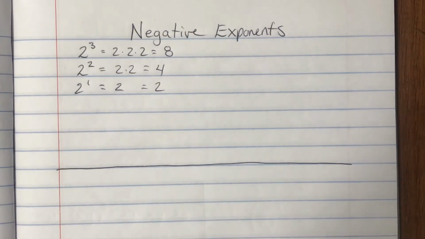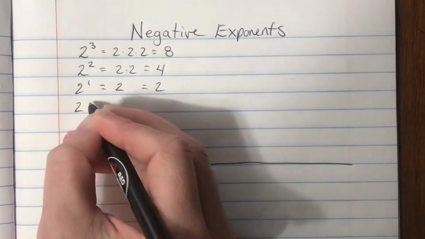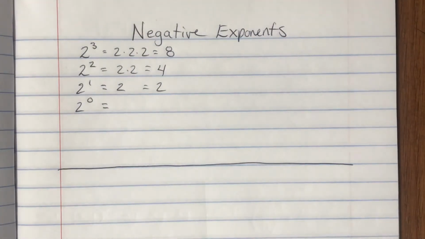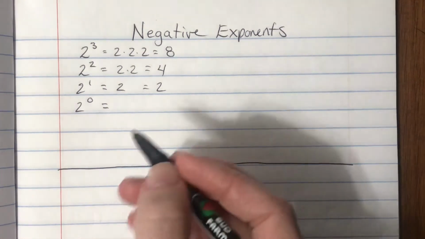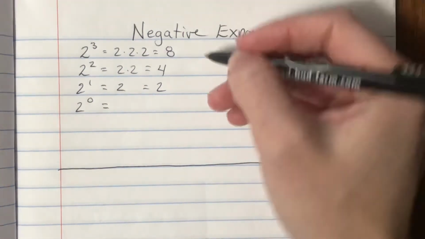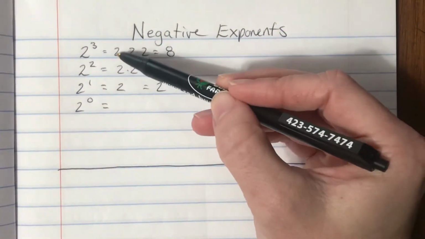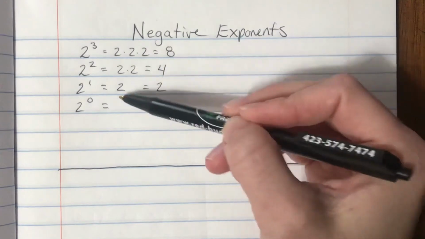A 2 one time. Then 2 to the 0 power is where we start running into, what does that even mean when you raise something to the 0 power? We've had this discussion before, on the very first day of our notes page. But as a reminder of why this works, think about the pattern. This was 2 times 2 times 2, this is 2 times 2, this is 2.